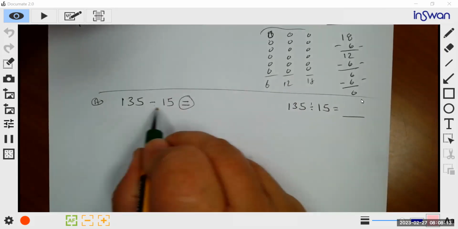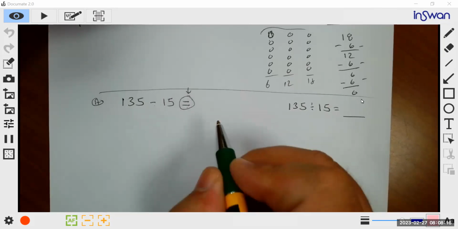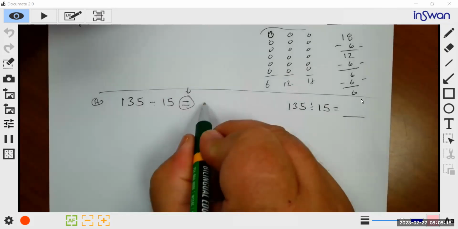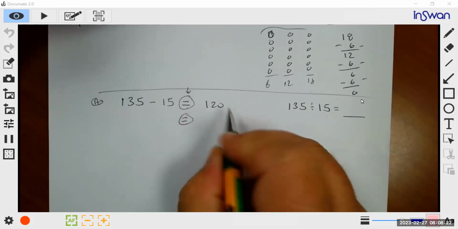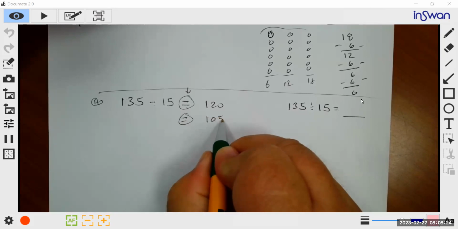The first time you press the equal sign, it's going to take 135 minus 15 and give you 120. You press it again, you get 105.